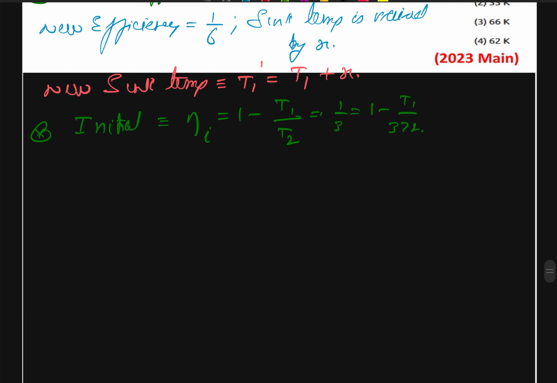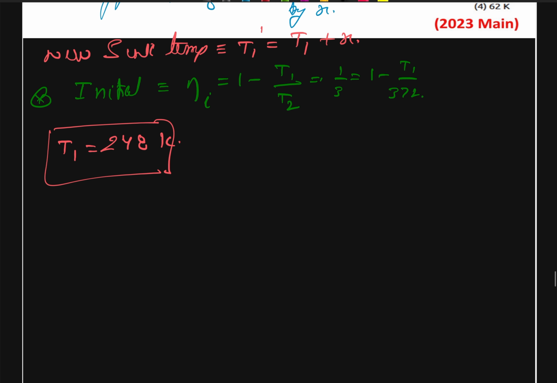Therefore from here we get T1 will be equal to 1 minus 1 by 3, that is 2 by 3, multiplied by 372, which will be about 248 Kelvin. So our new sink temperature T1 prime will be equal to T1 plus x, and T1 we found out is 248 plus x.